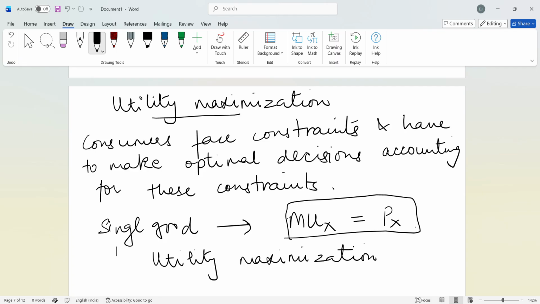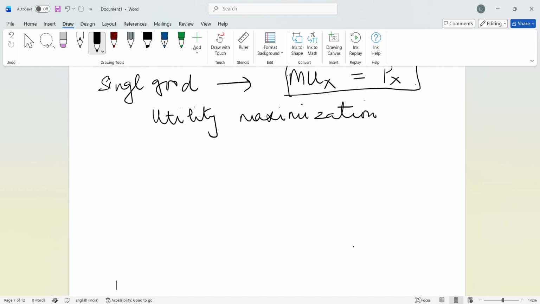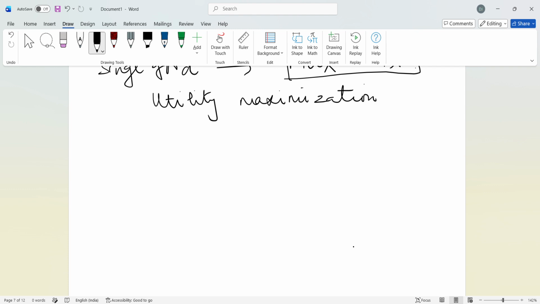Now, in the real world, it's not just one good that we consume. We have several goods to consume. So how do we actually calculate it?